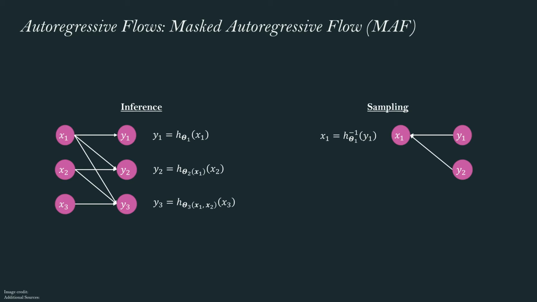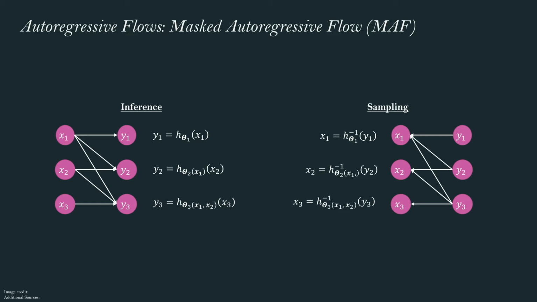This is not necessarily appreciated when you just look at the static diagram. So you kind of see what's going on here, right? To go from y2 to x2, we have to know x1. Then to go from y3 to x3, we have to know x1 and x2, and so forth and so on. So this is why sampling is very slow from this autoregressive flow.